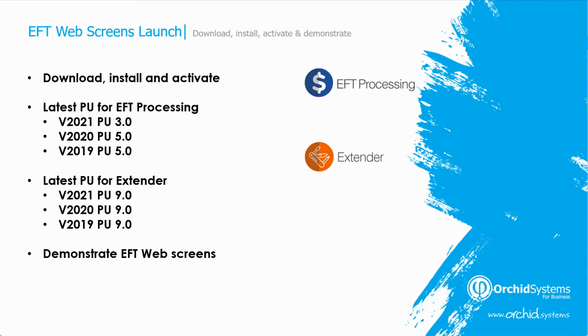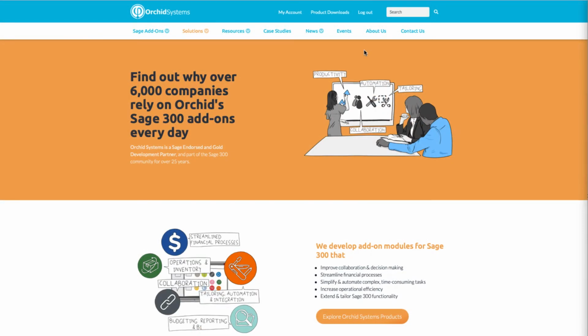We are now going to download, install, and activate EFT processing and Extender. I'm using 2021, so it'll be PU 3 for EFT processing and PU 9 for Extender, and then I'll demonstrate the web screens. To download Orchid's modules, first you go to orchid.systems, log in, then go to the product downloads.